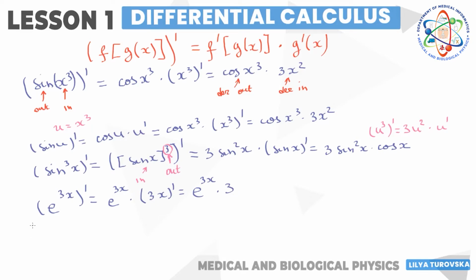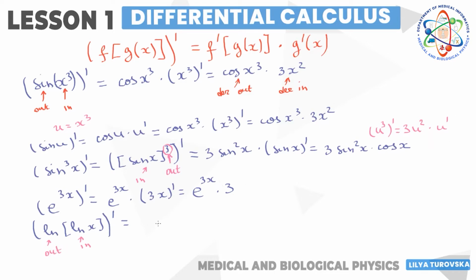One more example, a little bit more complicated. What if we have the natural logarithm of the natural logarithm of x? Here we have two logarithms, but one of these is inside, and another is outside.